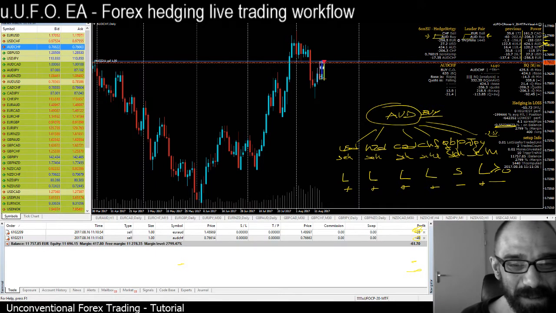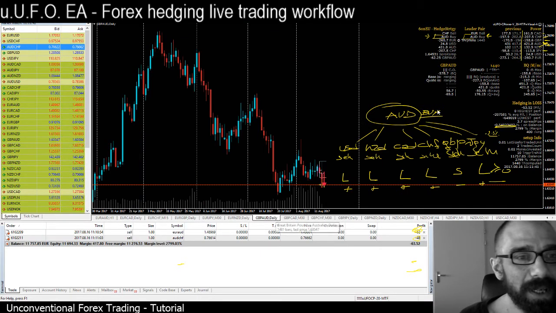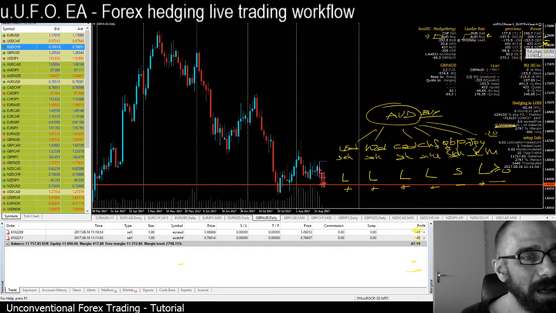Okay, yeah, GBP Australian dollar. Base and quote are ranging, and it's kind of retracing. So I have to wait a bit. Australian dollar against euro, it's fine because it's huge, and against Swiss franc.